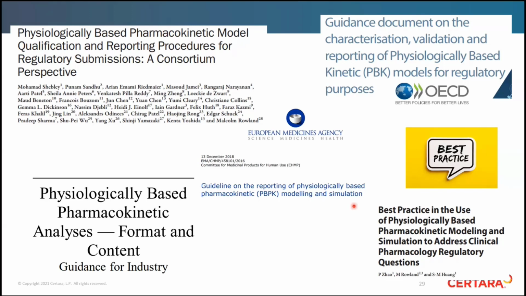So I'm not the only one to talk about this and note the importance of model reproducibility. There are several guidelines from the FDA, from the EMA, from OECD on best practices for documentation of PBPK models and the approaches that can be used to help facilitate reproduction.